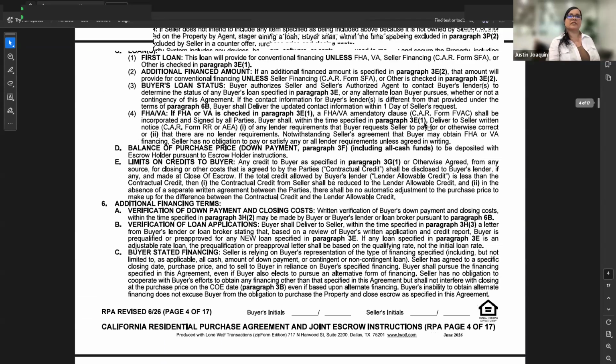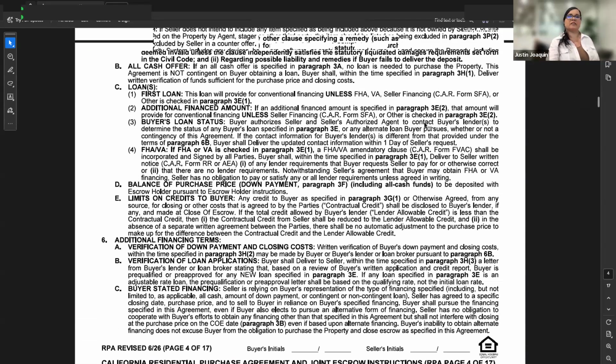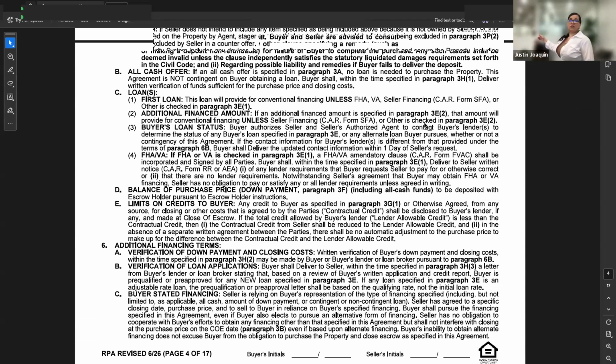Right here, see where it says FHA, VA? Loans, number 4. Very last sentence: Notwithstanding seller's agreement that buyer may obtain FHA or VA, seller has no obligation to satisfy any or all of lender requirements unless agreed in writing.